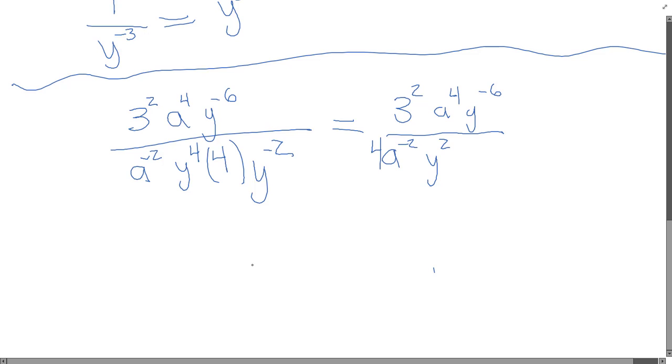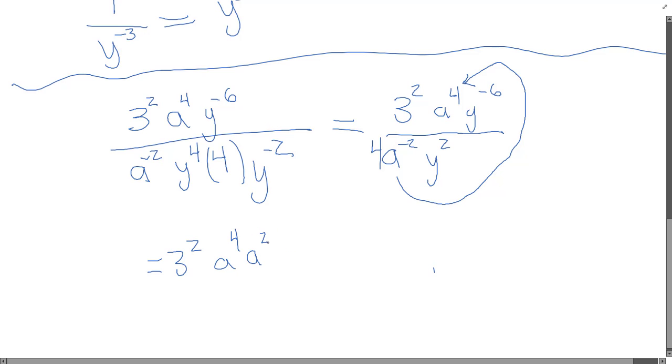3 squared is 9. Let's simplify the a's. I have a to the fourth on top and a to the negative 2 on bottom. Remember, a to the negative 2 is unhappy on the bottom. We're going to move him up to the top, says my little baby girl, where he will become a positive 2. I will write that out just so you can clearly see what's happening.